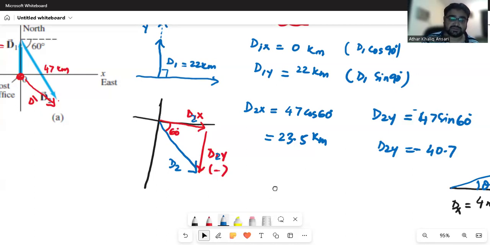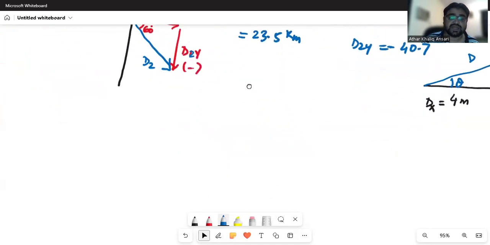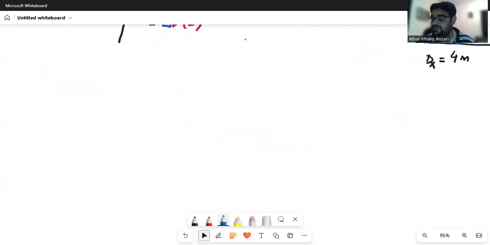Now the second step is we will add the components. First I will add the x component. So step two is I am going to find dx, and I will add the components x with x and y with y.